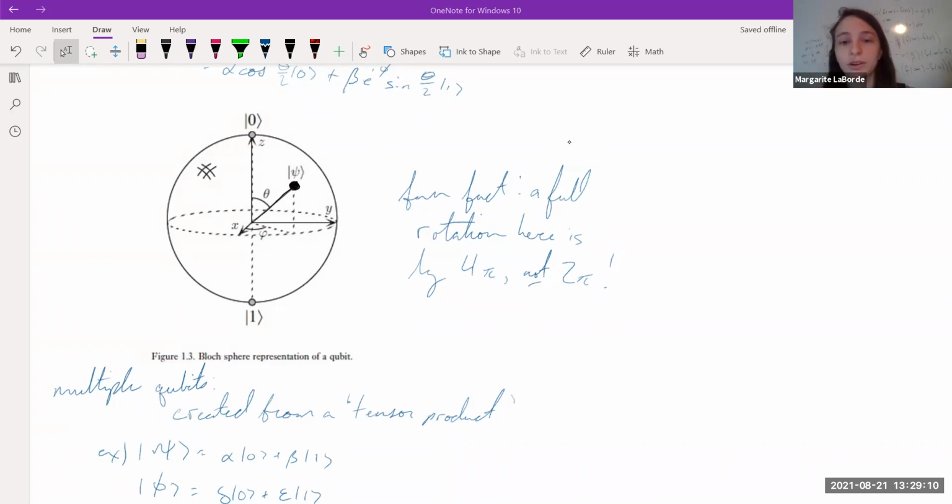That's a lot more physical. Your whole system rotating doesn't actually show you anything measurable in physics. And okay, then there was another question. Sorry, it's very hard for me to scroll with this little pin.